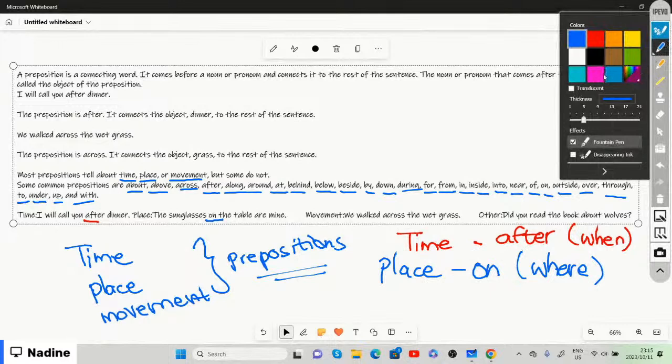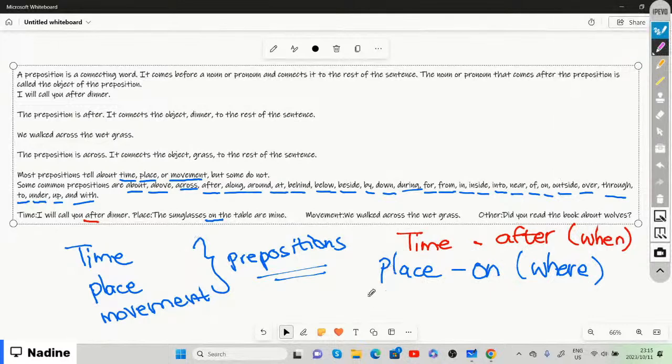And then we have movement, right? So movement. We walked across the wet grass. So across the wet grass. So across is our preposition of movement, right? So it's like saying I'm just walking across the wet grass, and grass being our object, or our noun.